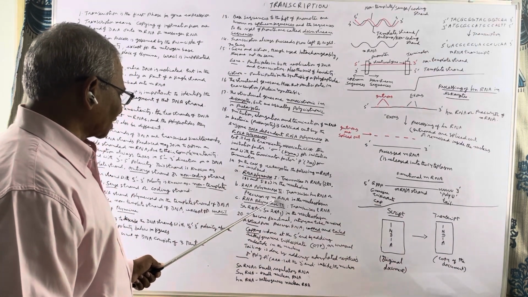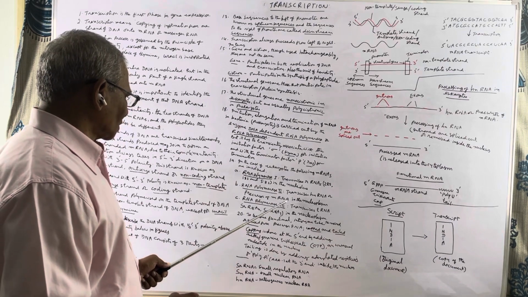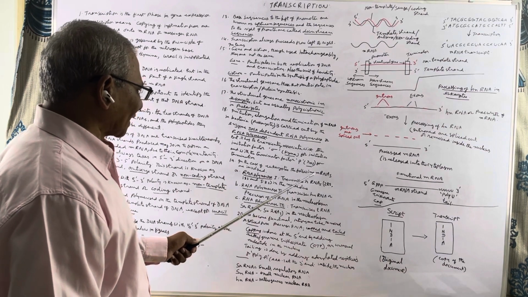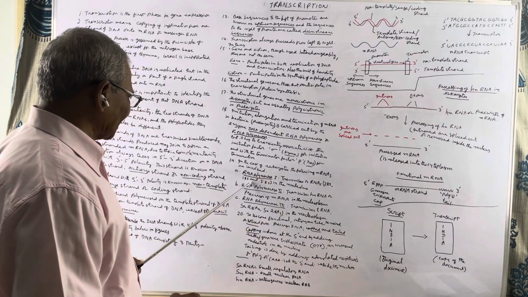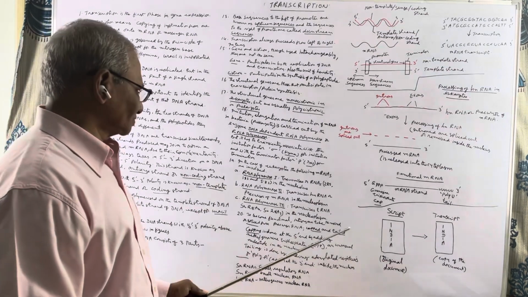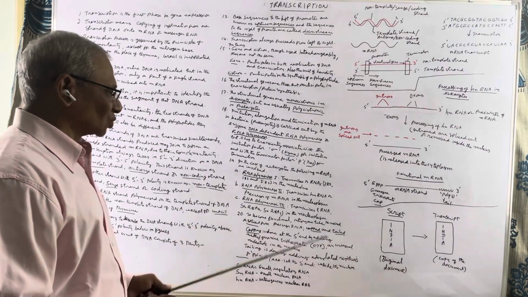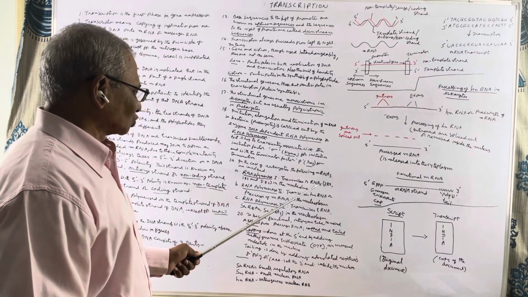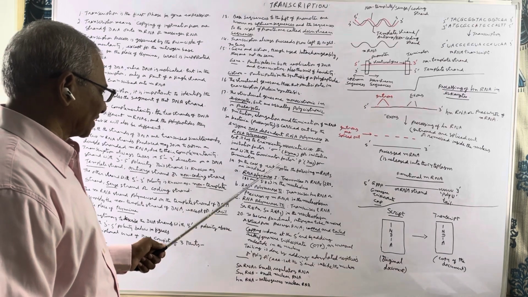It transcribes the ribosomal RNAs 28S, 18S and 5.8S in the nucleolus. So, the action of RNA polymerase 1 is in the nucleolus.